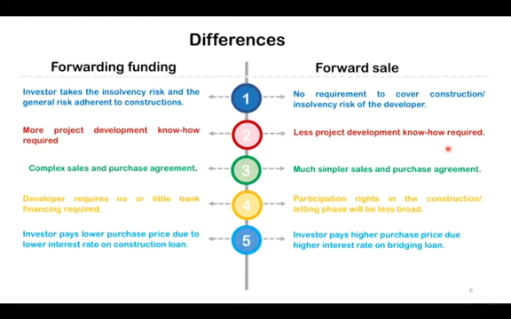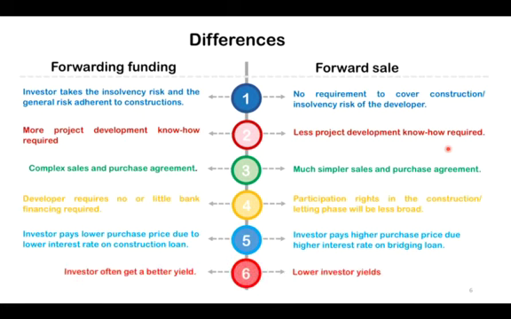The fifth difference you would observe is that investors pay lower purchase price due to the lower interest rate on the construction loans. So because they are pre-financing the construction project, they tend to pay a lower purchase price overall. But in the forward sale agreement, investors pay higher purchase price due to the higher interest rates that the developers will incur on the bridging finance they take.